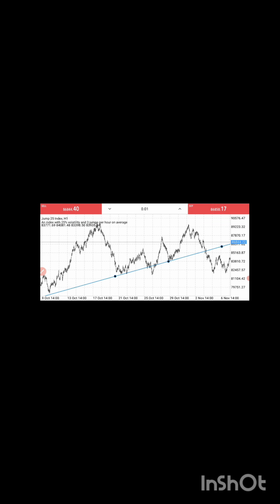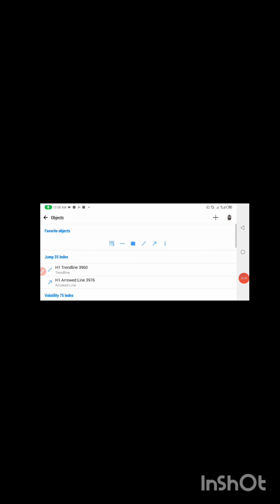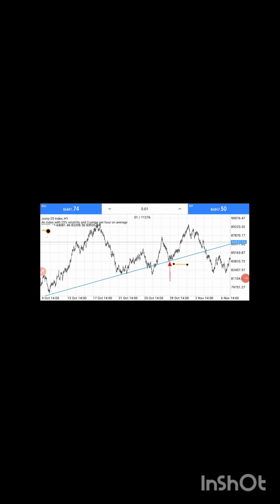Yes, we can just take that risk. Okay, and then we take this trade, we take a buy position here, we buy here, right? Now our SL is somewhere below this arrow, like somewhere here.